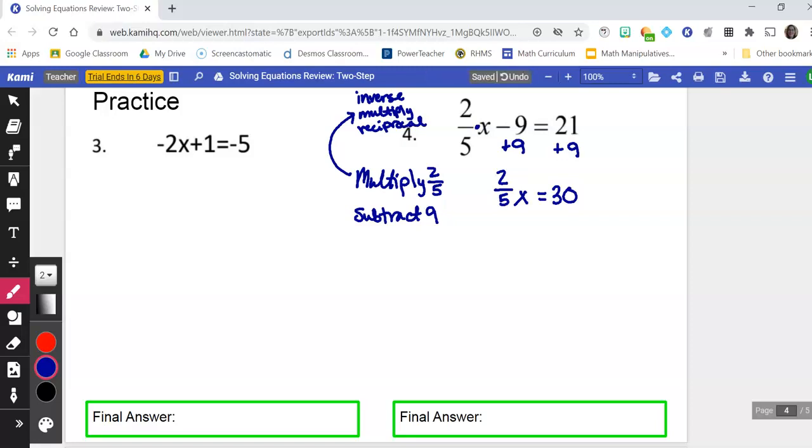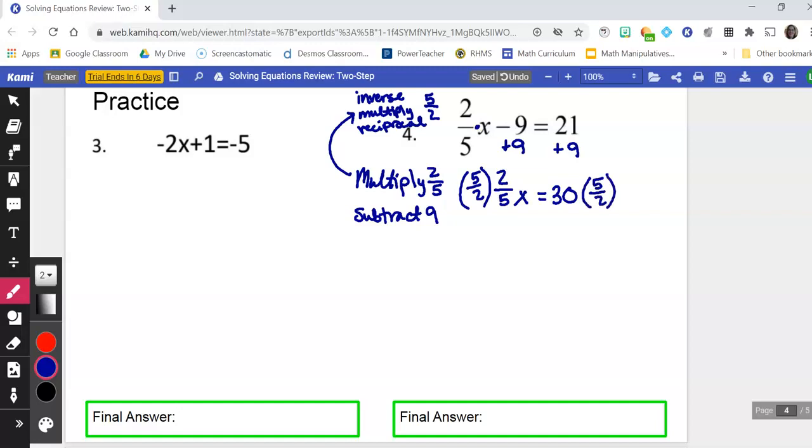The reciprocal is basically your fraction flipped, okay? So in this case, that would be 5/2. So the inverse of multiplying by 2/5 is actually multiplying by its reciprocal, which is 5/2. So I'm going to multiply both sides by 5/2, and I'm going to show you why this works.